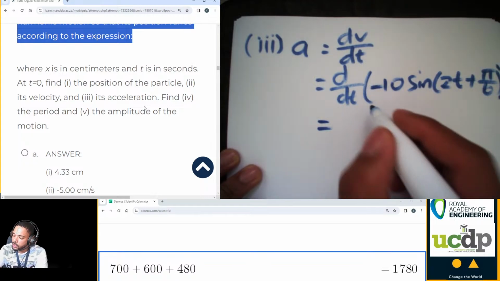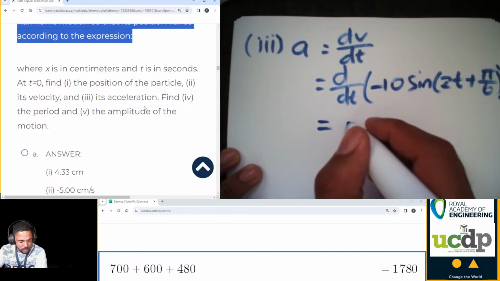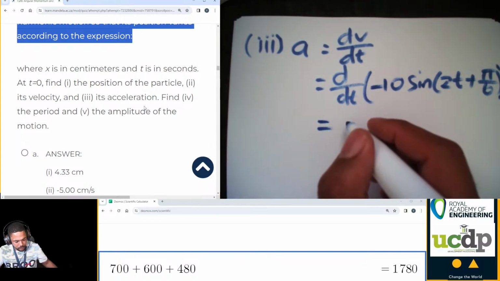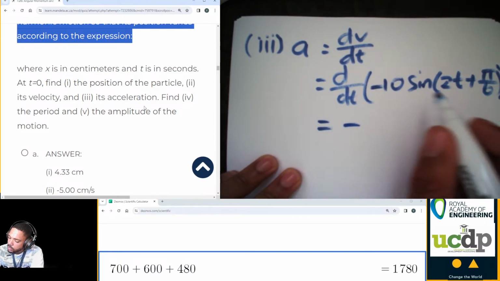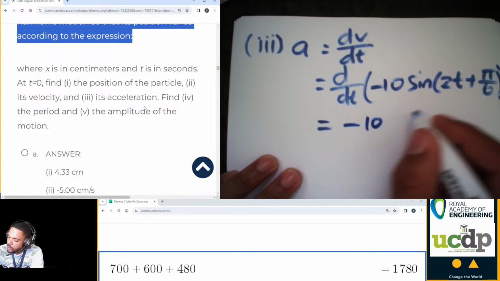If we find the derivative of this, it'll give us negative 10, which still stays outside.